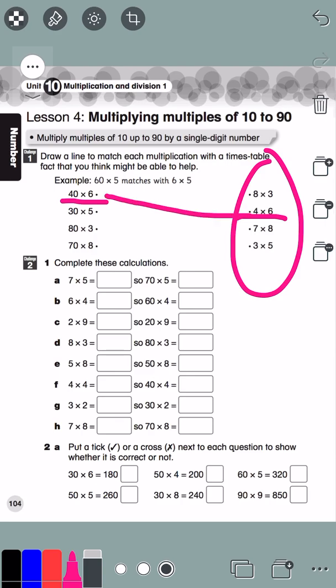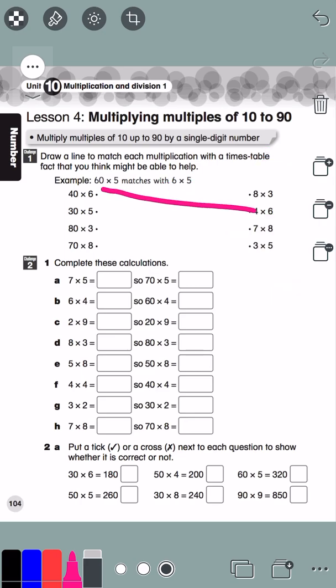So because 4 times 6 equals 24, then 40 times 6 equals 240. So we're going to match each fact with the helping fact of the same numbers. So 70 times 8, it matches 7 times 8, and that's gonna help us here.